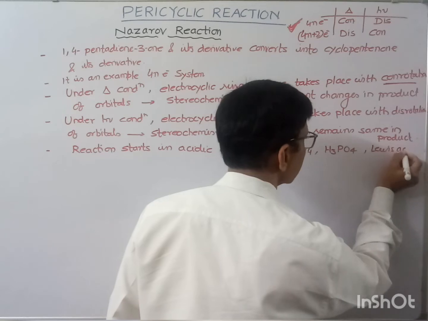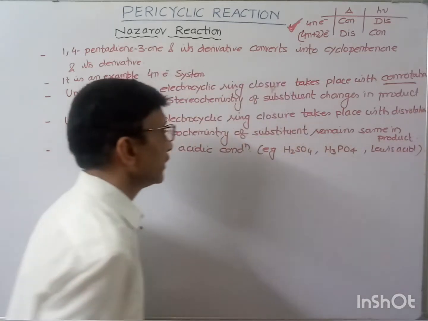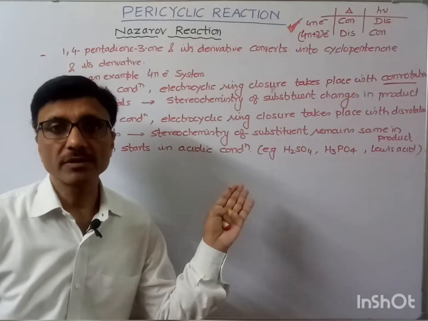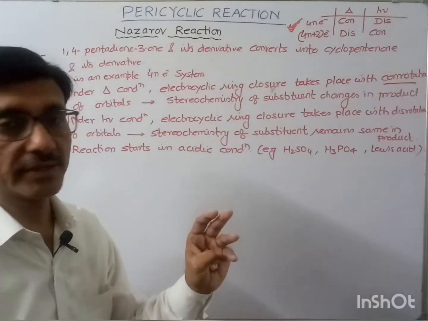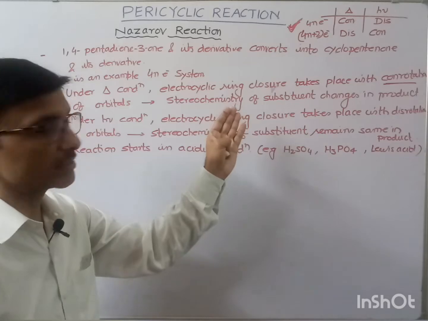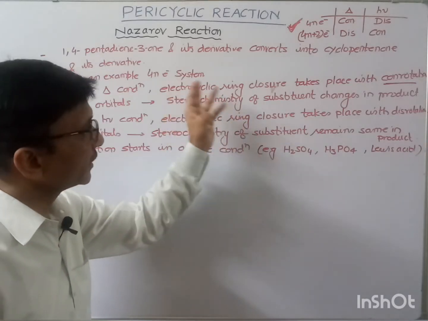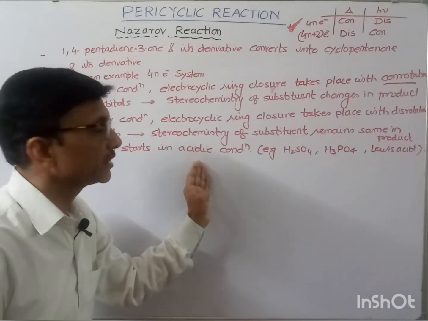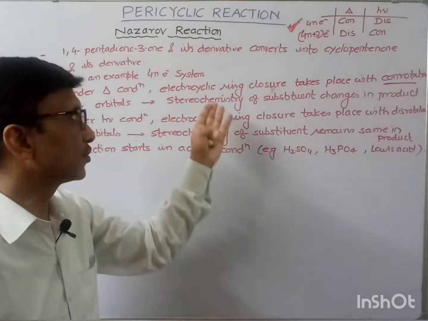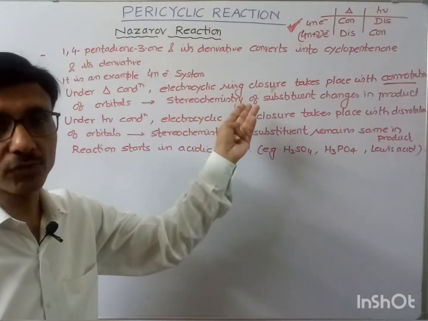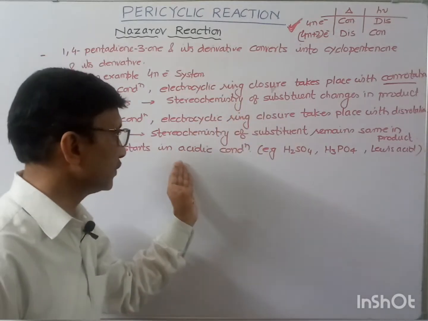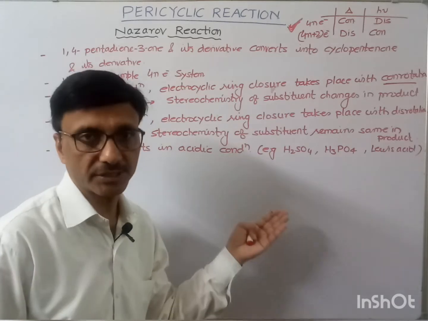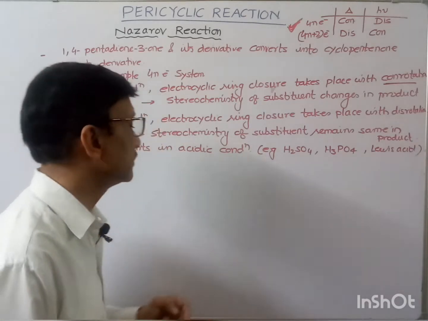But this acidic condition is not related to the electrocyclic ring closure itself, because the ring closure only requires either heat or light. So the reaction starts under the acidic condition as a catalyst, we can say.